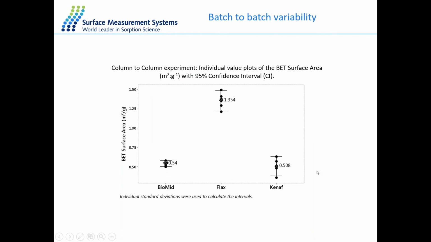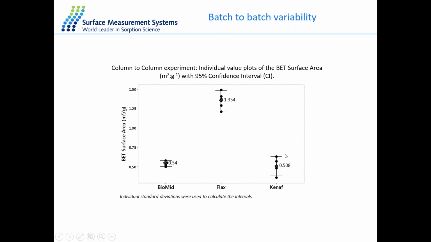We've also carried out a batch-to-batch variability experiment. In this case, we've done multiple column-to-column experiments and calculated the BET surface area. What we can see is that for our industrialized fiber, we have a very small standard deviation, again correlating to the fact that this is a processed fiber with a lot less deviation and a lot less heterogeneity on the surface of the sample.